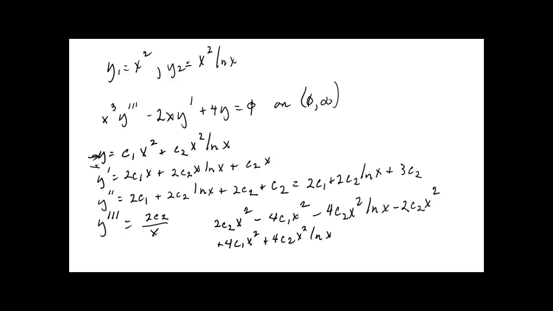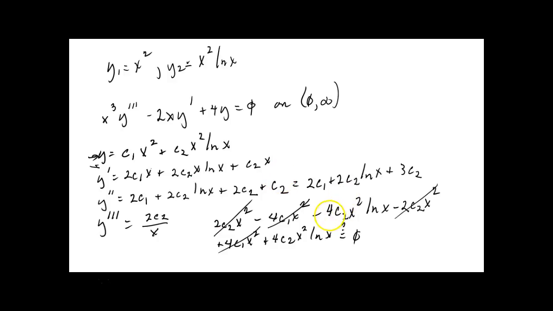The question, is that equal to 0? Well, here's a 2c2 x squared. There's a minus 2c2 x squared. Here's a minus 4c1 x squared. There's a plus 4c1 x squared.